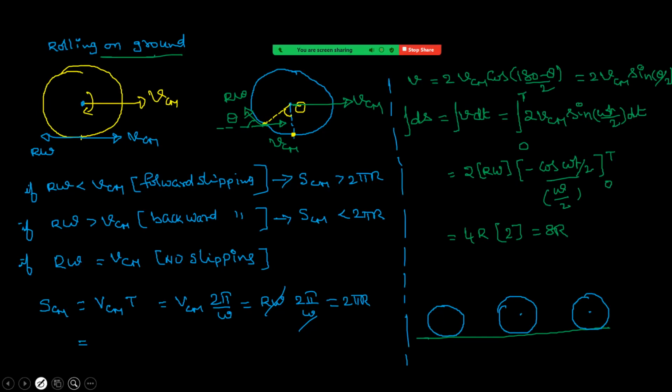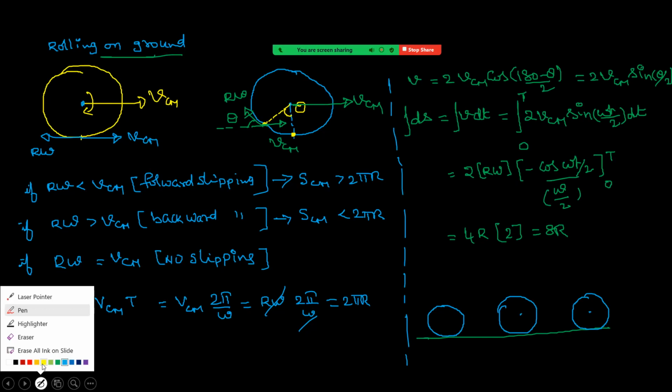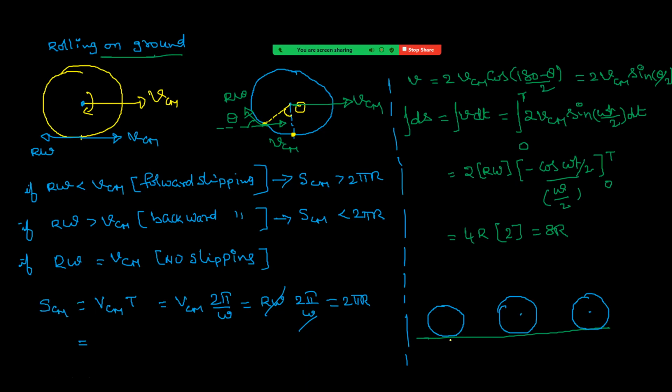And we are taking a point on the circumference at one point of time somewhere here. And again finally it comes to the contact point. So it is now like this. This is known as a cycloid. Its length in one time period is 8R, right?